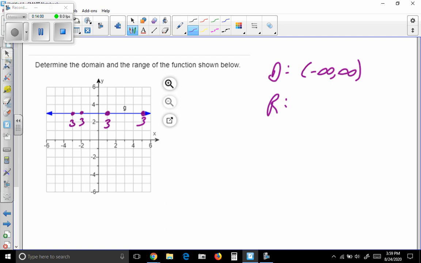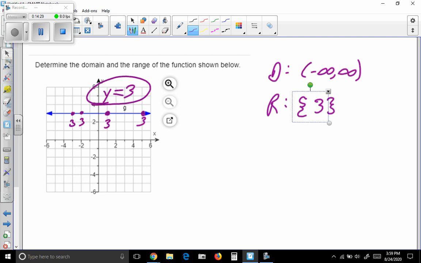So we only have one value in our range. So we don't list an interval. We put it in braces, and we tell what that number is. So the y value that we have is 3. So that's our range. Also, if you were to write the equation for that, the equation is y equals 3. Because at any x you go to, the y value is always 3.